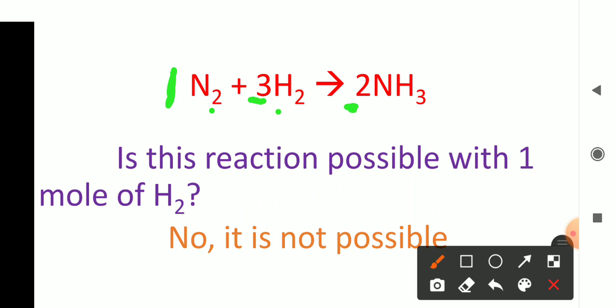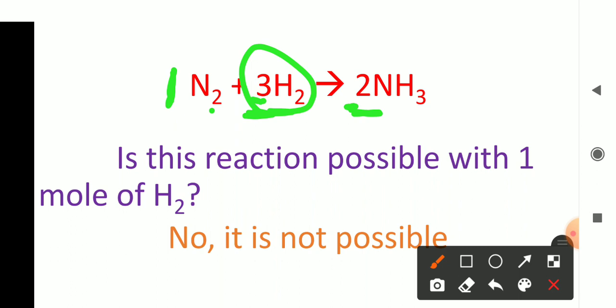Just imagine if the same reaction is carried out with 1 mole of hydrogen. If the amount of hydrogen is reduced, is this reaction possible? Can you understand? Normally, to prepare ammonia, how many moles of hydrogen do we need? We need 3 moles of hydrogen. But when the same reaction is carried out using 1 mole of hydrogen, will this reaction take place?